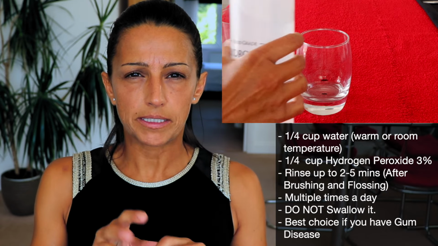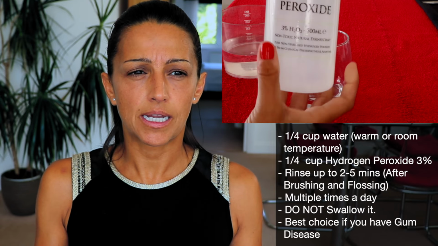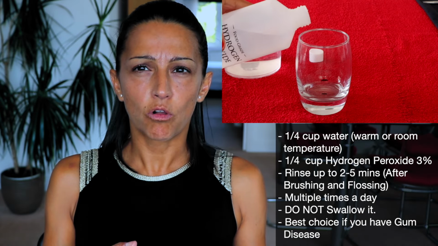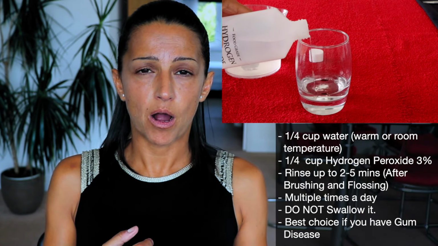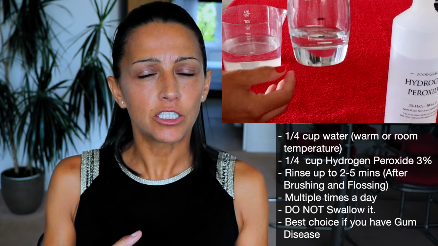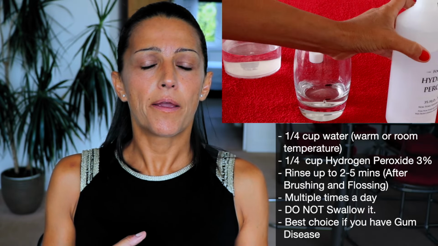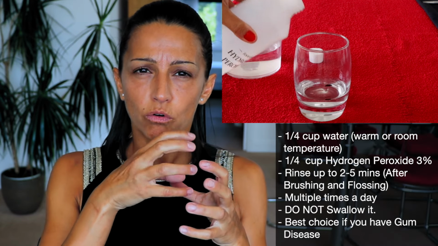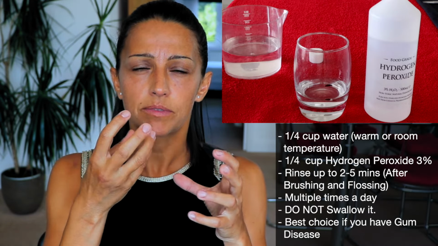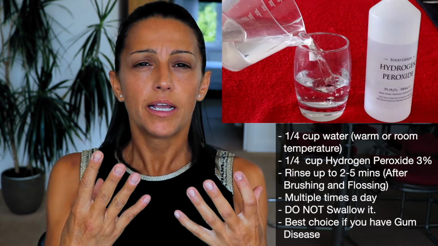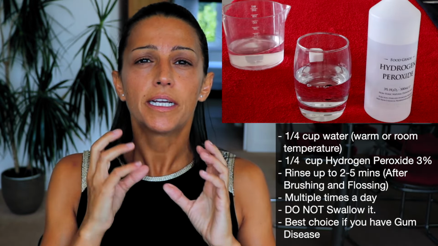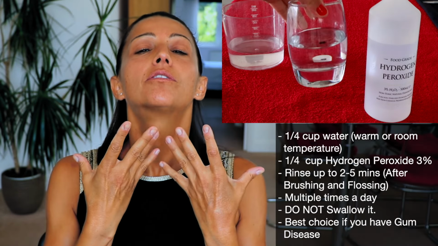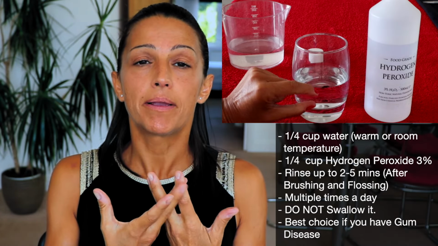And just to add something, hydrogen peroxide has other properties. It's very good to heal small cuts and wounds in your mouth. It's very good to diminish mouth sores. If your tonsils are enlarged and have growths on them, and plaque sometimes gets stuck and you have bad breath, if you gargle with that solution before going to bed, it will clean the tonsils and the bad breath may disappear.